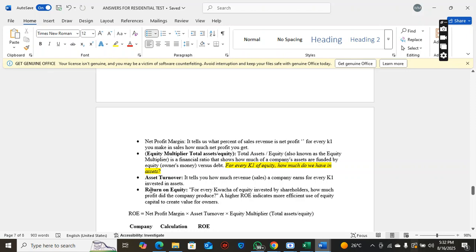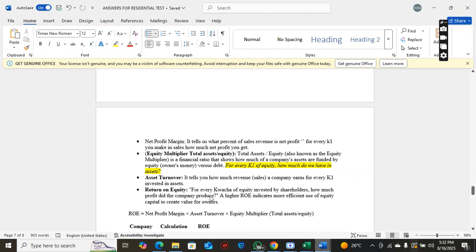Then we have return on equity, which is telling us for every quarter of equity invested by the shareholders, how much profit the company produced.